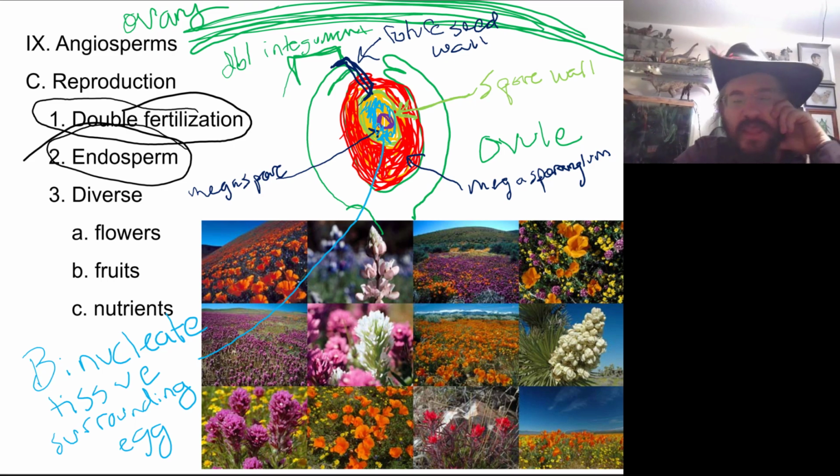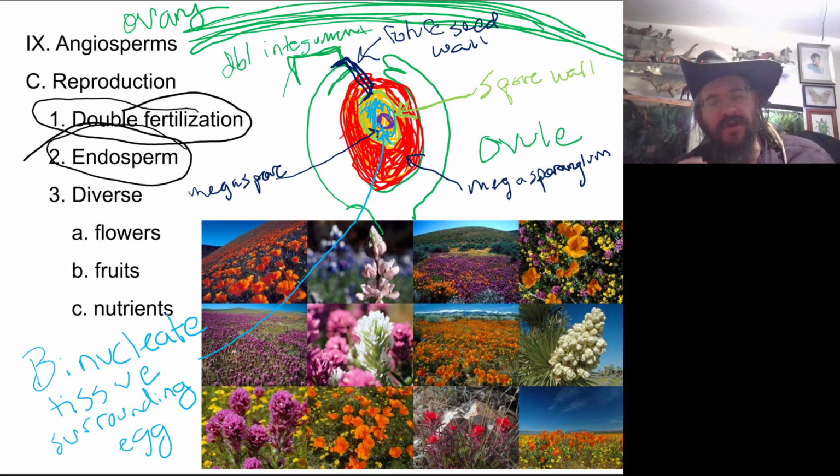Angiosperms are the most diverse and widespread phylum of terrestrial plants. So, literally the most diverse and widespread. This is for a number of reasons. One, their seeds are more hardy, right? They have the hardiest seeds of all.